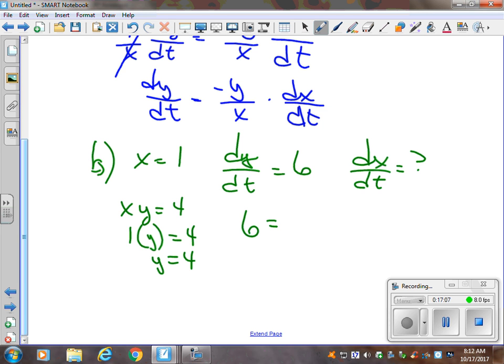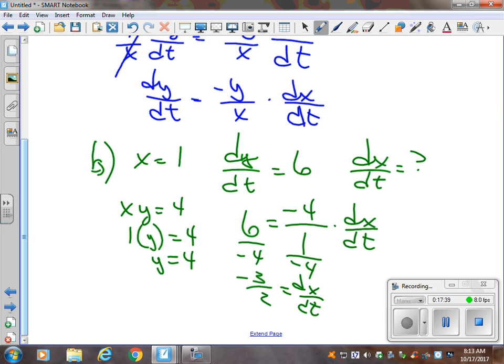So 6 is equal to negative 4 over 1, because it's negative y over x, times dx over dt. So pretty much, that's just negative 4 in front of that, right? So I'm going to divide by negative 4, or flip and multiply if you want to think of it that way. So that's just going to be negative 3 over 2.